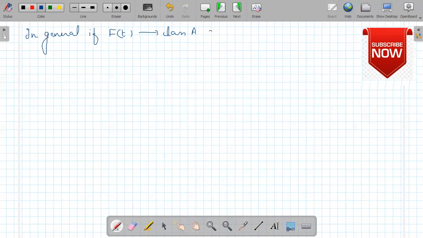And Laplace transform of this function is F(p), then Laplace transform of t^n f(t).